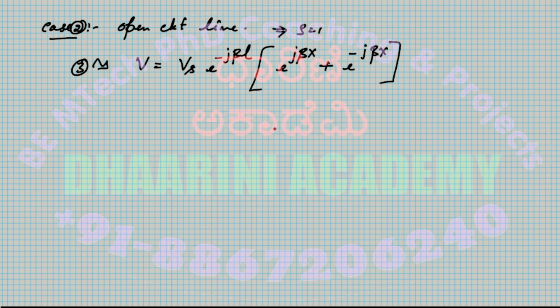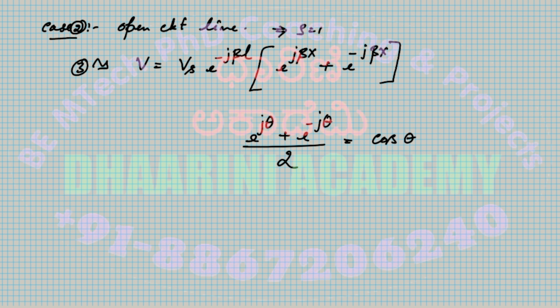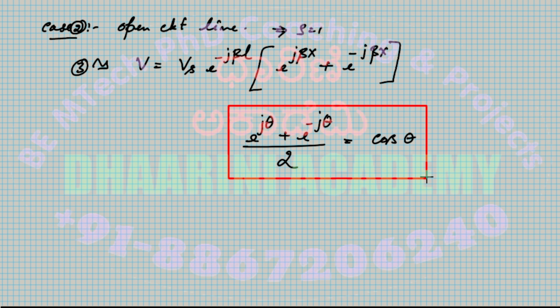So we have the representation e to the j theta plus e to the minus j theta, divided by 2, which can be written as cos theta. So I need to multiply and divide this by 2. Simply multiply by 2 and divide by 2. The one in the numerator can be directly taken.